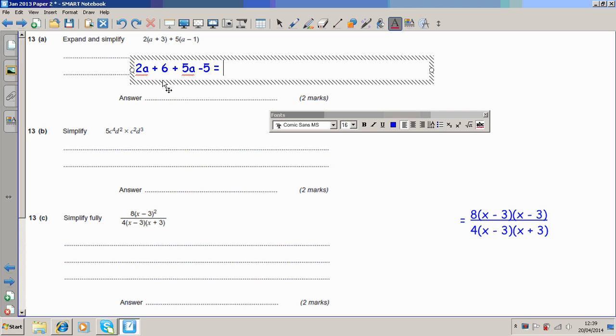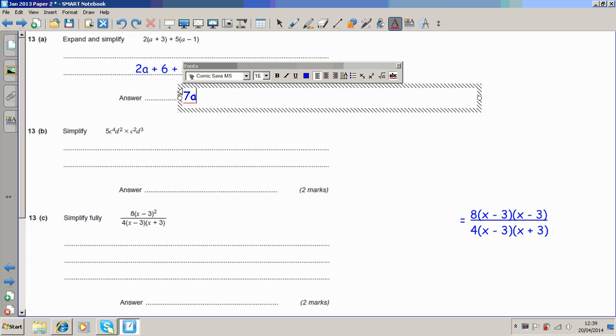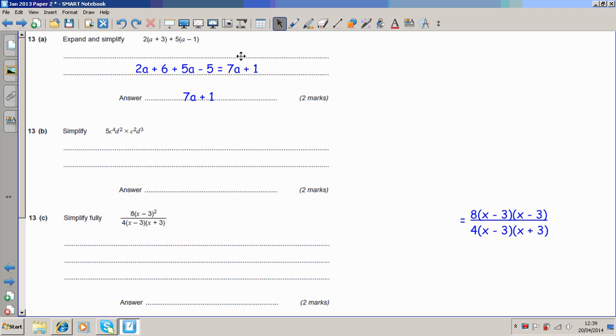So you get to that point, and now 2a plus 5a is 7a, and 6 minus 5 is 1. So your answer is 7a plus 1. And yeah, that's going to come up, them sort of questions. Okay, they're kind of your gimme marks really, so you need to make sure you're getting them correct.